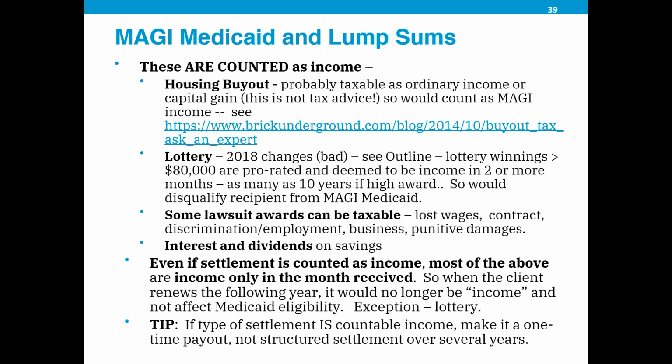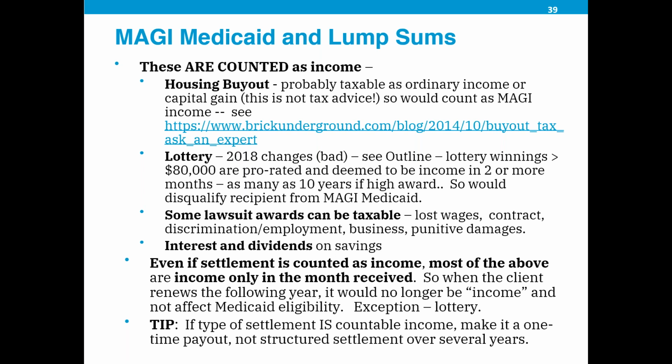And each type of lawsuit has to be looked at for whether it's taxable. Lost wages, contract claims, discrimination, employment claims are generally taxable. So those would be counted as income.